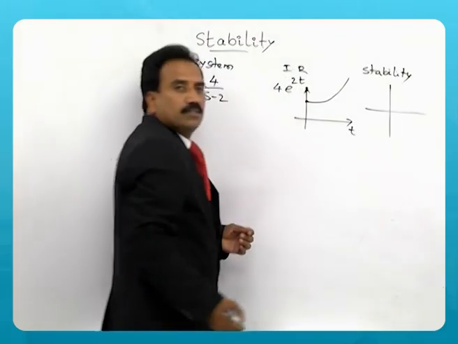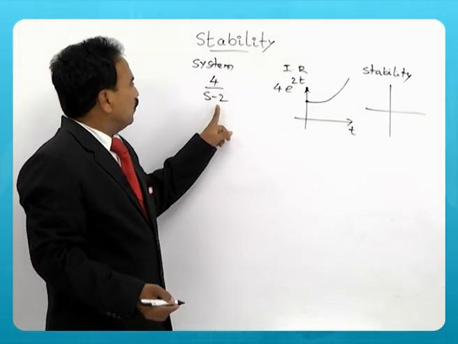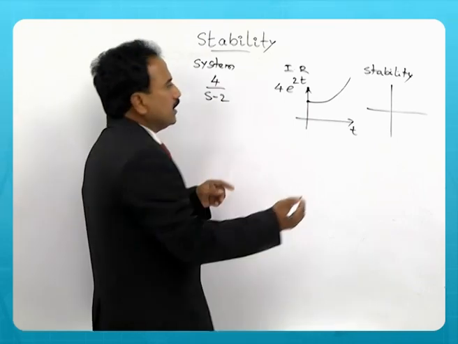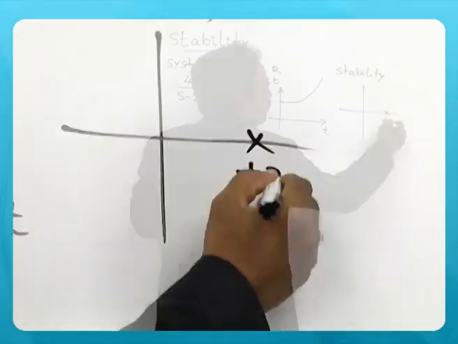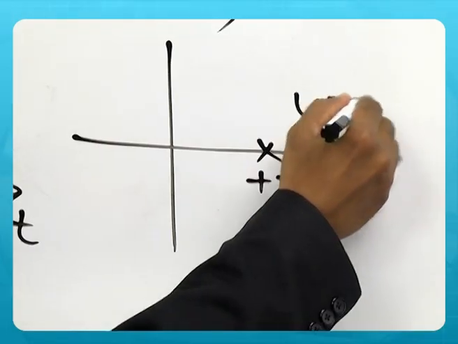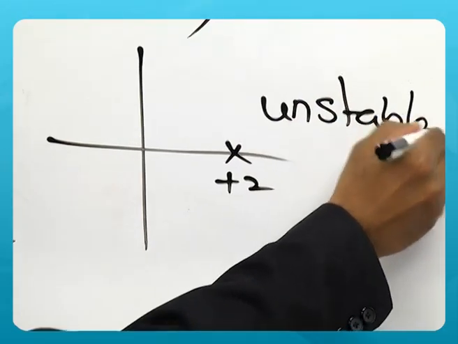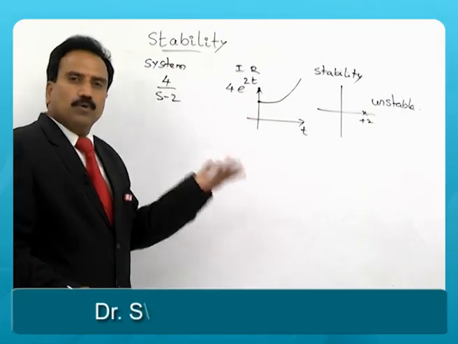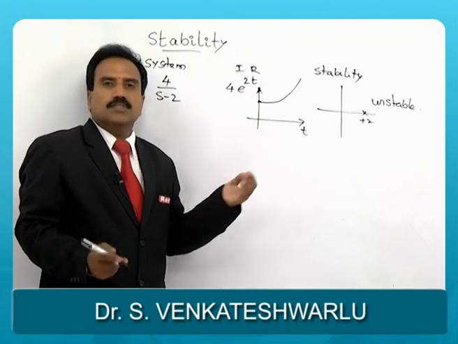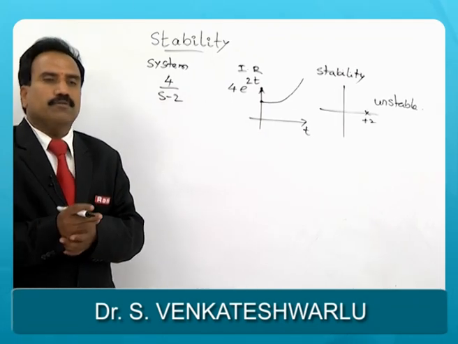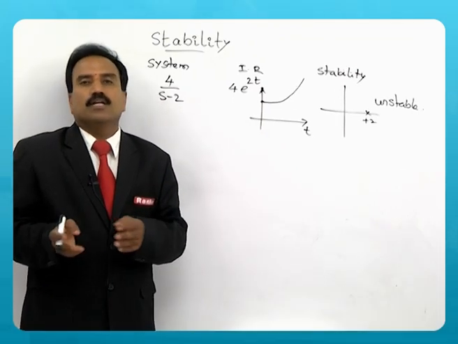It is very clear from the given system that the pole is located in the right half of the S plane at plus 2. So this is an unstable system. So the location of the pole or the impulse response are indicative of whether the system is stable or unstable.